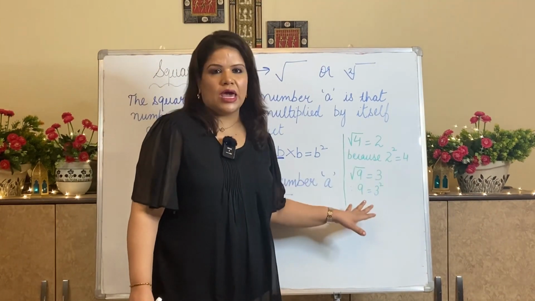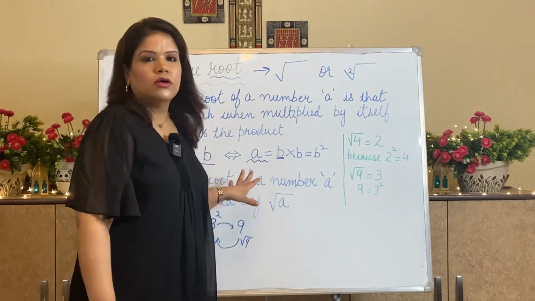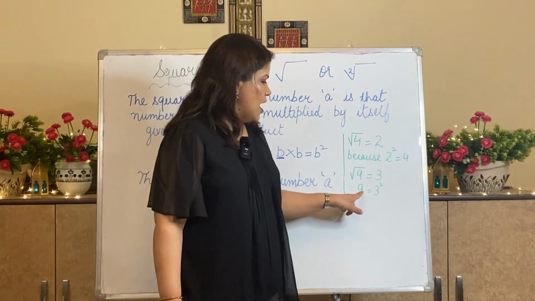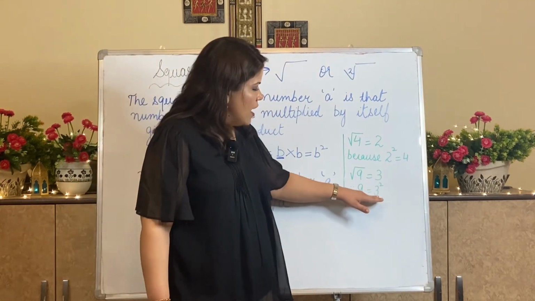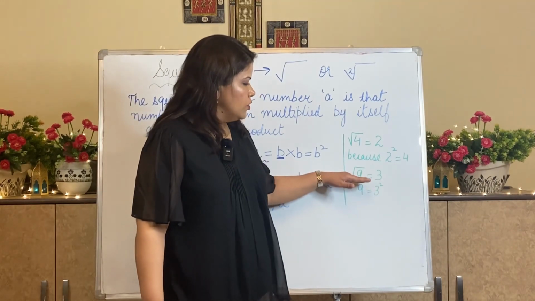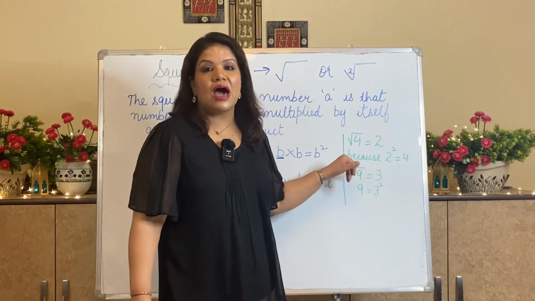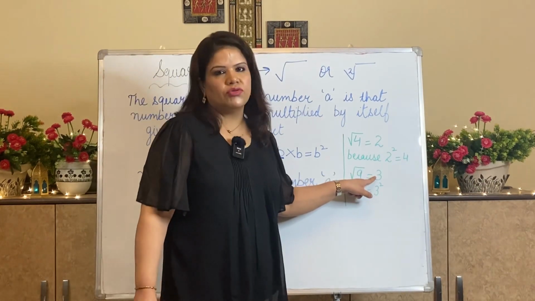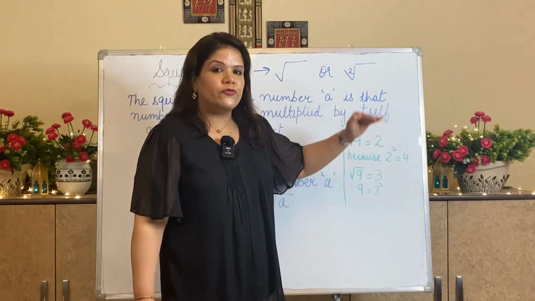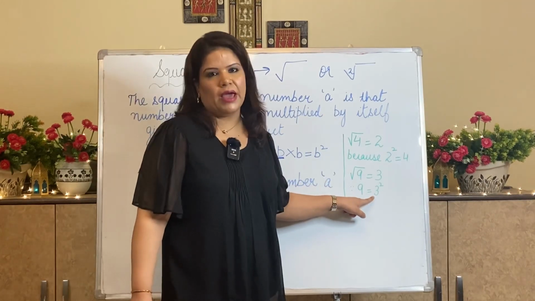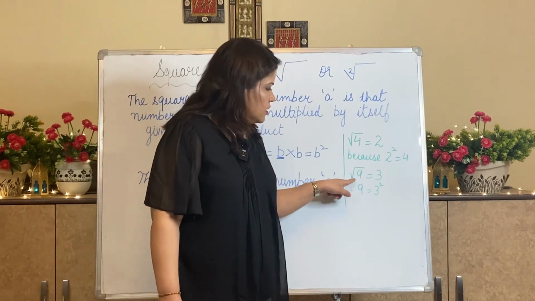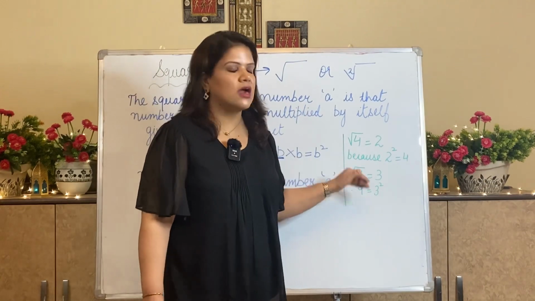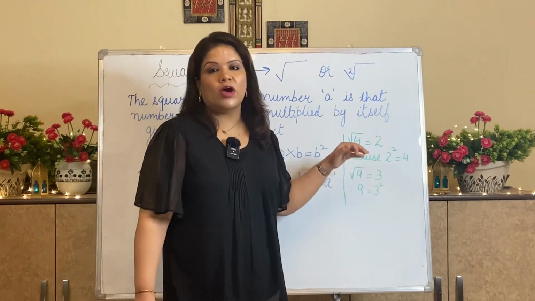So this way it is opposite of what we call square. 9 is equal to 3 square. So I am finding from where under root of 9, means from where this 9 has started. It started from 3. So I will write 3. But when we are finding perfect square, we are multiplying it. So the number under the sign is a perfect square of the number which we are finding.